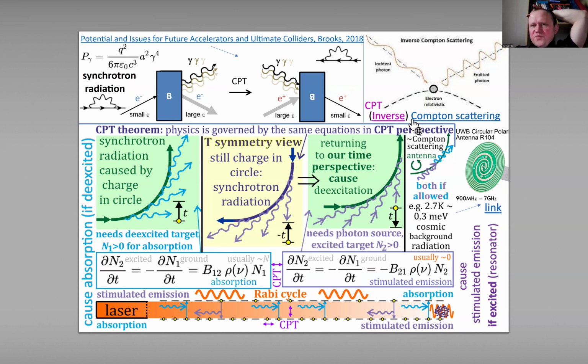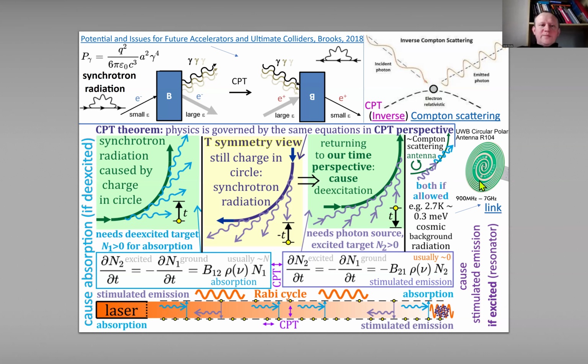And finally, there is Compton scattering, when an electron both absorbs and emits photons. Usually there is some difference of energy, one is larger or smaller depending on whether it is inverse or the original one. But CPT symmetry says that electrons should both emit and absorb. Yes, so you have an antenna, it can both send and receive.